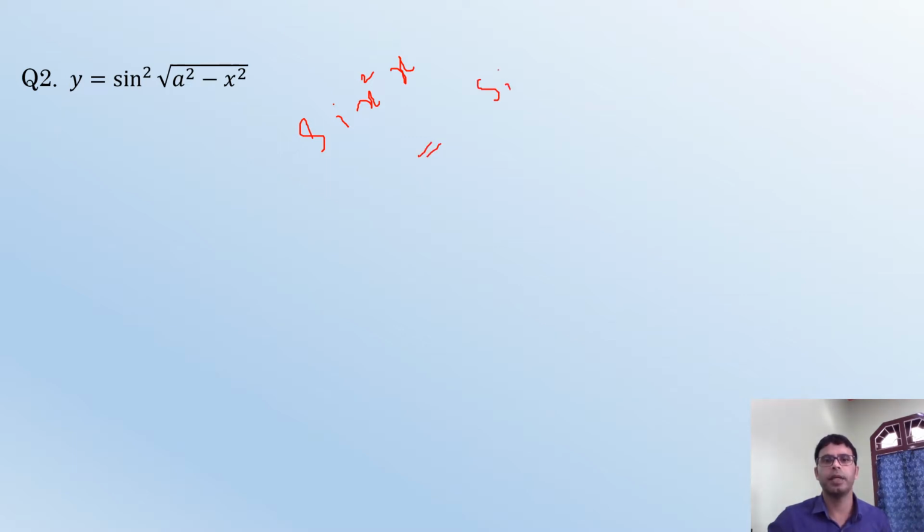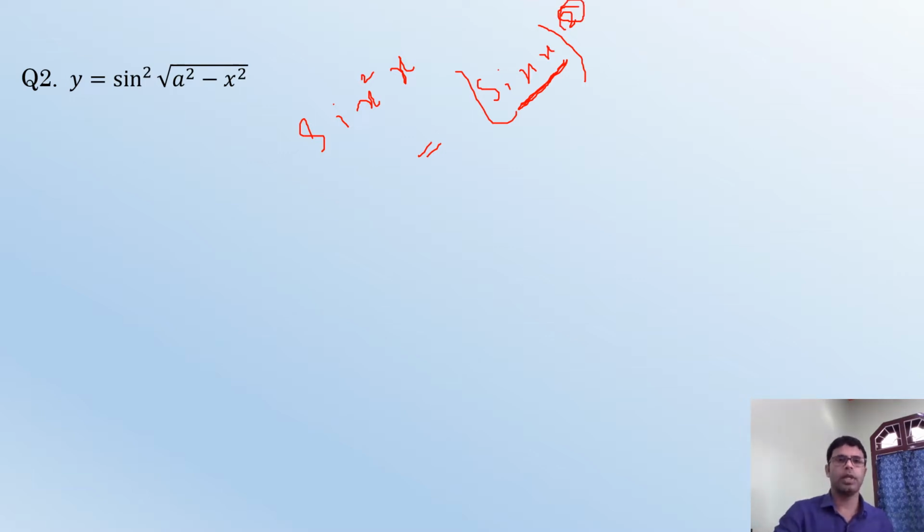It is sine of x whole square. So what is the inner function? The inner function is sine x, and the outer function is the power.